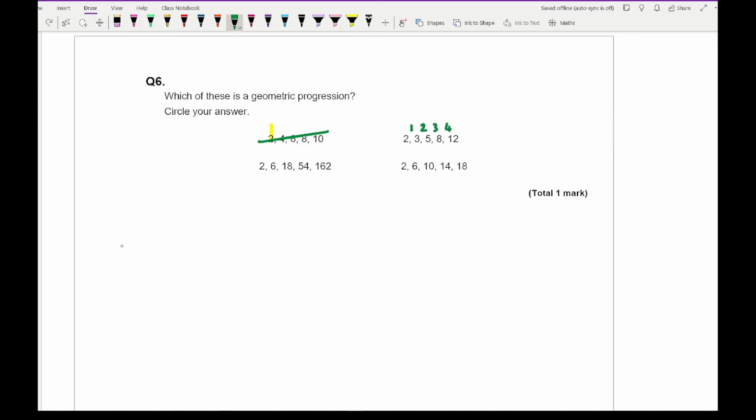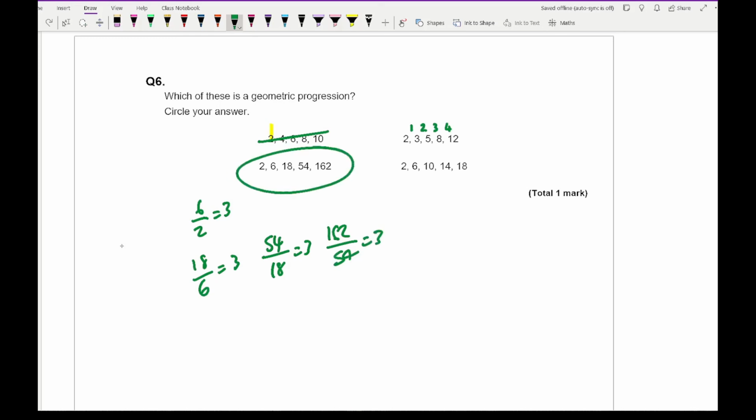Looking at the bottom left one, I've got 6 over 2, which is 3, 18 over 6, which is 3, 54 divided by 18, which is 3, and 162 over 54, which is 3. So this is the correct answer.